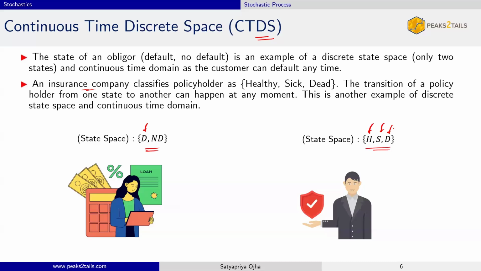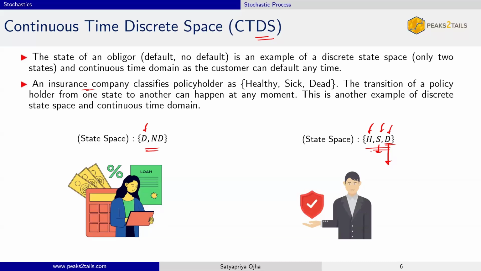There is no outflow. You're happiest when the person is healthy, just paying premium. When you become sick, then there will be medical bills and all that, which you have to compensate depending on the insurance policy that you have sold. And the biggest outflow is life insurance. So this particular choice of states is important for insurance.